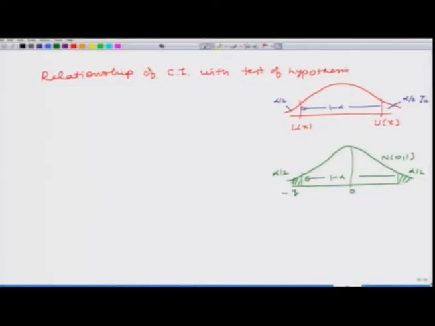This point was minus Z alpha by 2, and this point was plus Z alpha by 2 on the normal distribution.